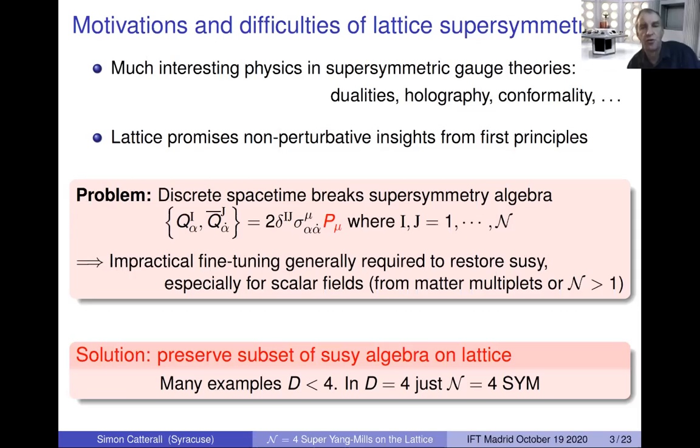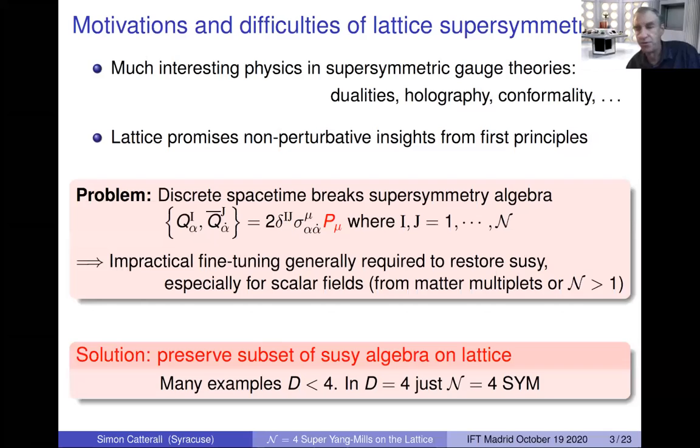And so there's a lot of interest in trying to put these things on lattices because many of these interesting features arise at strong coupling. So it would be a natural thing to construct a lattice theory and allow you to simulate it numerically. And so that's obviously the main motivation for what we're doing.